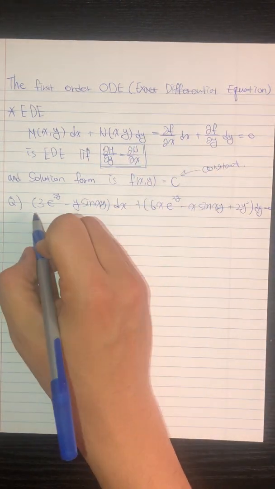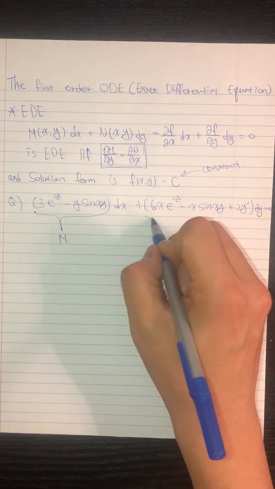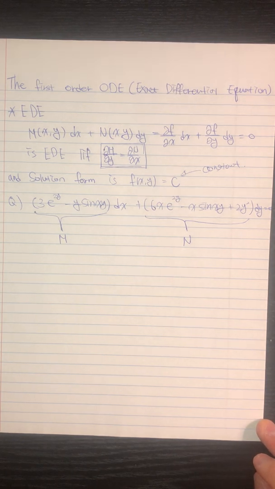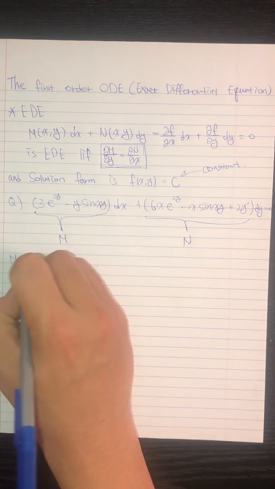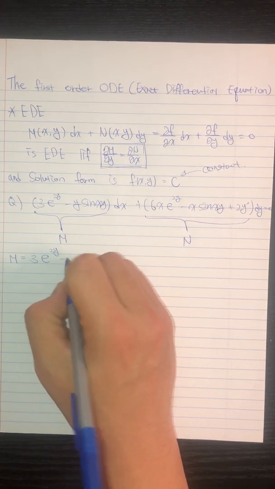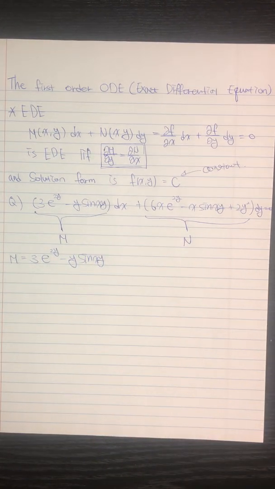We can call this term M, and this term N. So M is 3e^y minus y sin(xy).